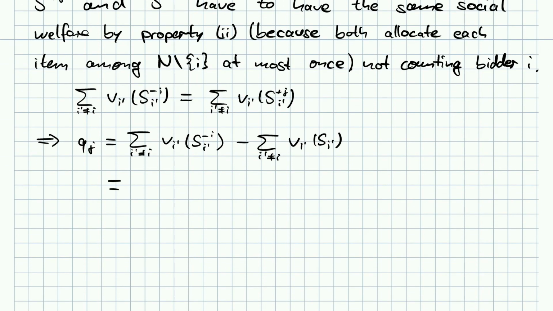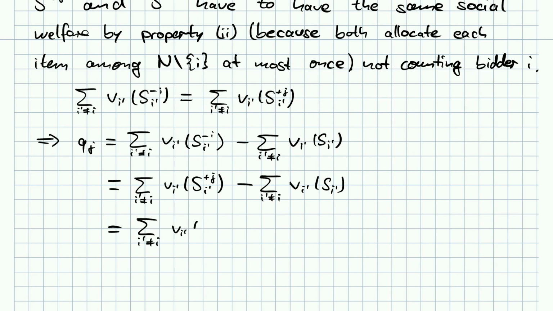This was exactly equal to the social welfare that we're getting if we are adding one copy of item J, and then we ask what's the social welfare of everybody except for bidder I, minus the social welfare before counting everybody but bidder I. Now to add bidder I, we can just add Vij on both sides.